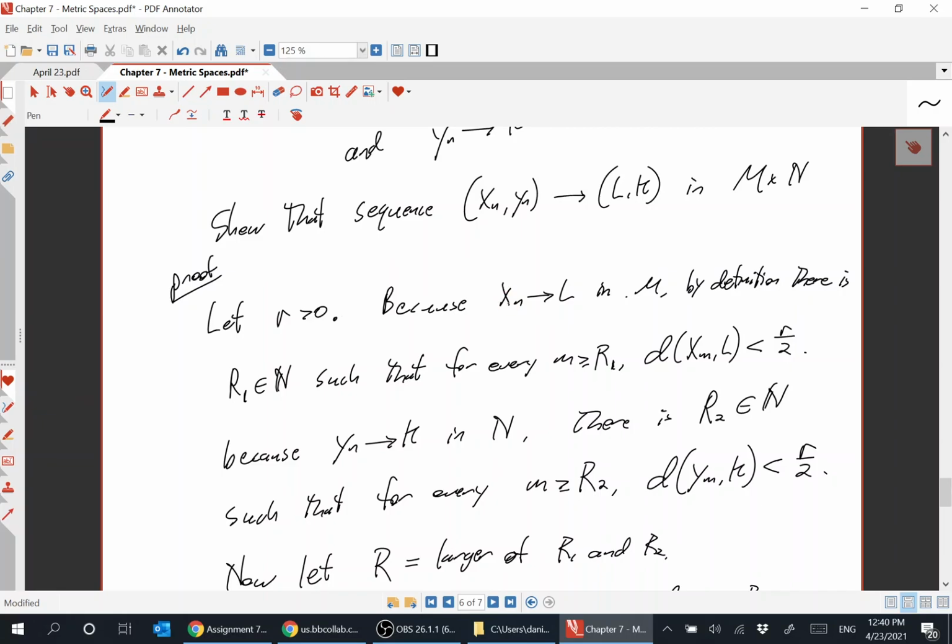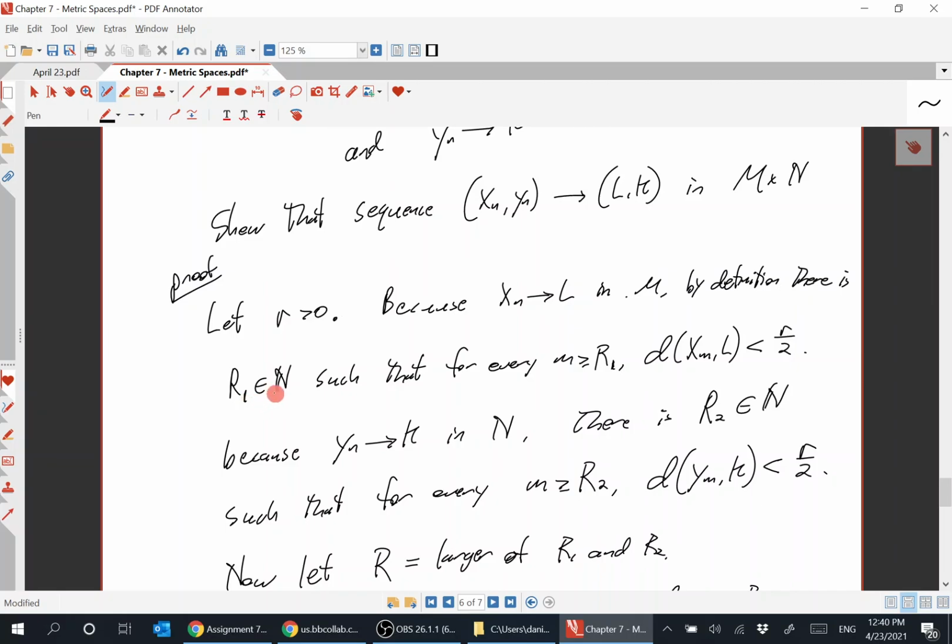Since r is bigger than 0, half of r is bigger than 0 as well. So by the definition of convergence, the sequence xn eventually gets stuck in the ball around L of radius r over 2.